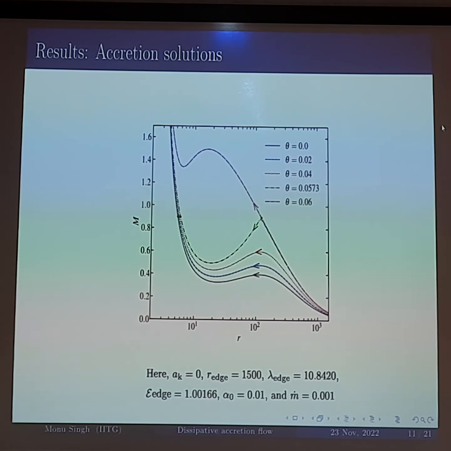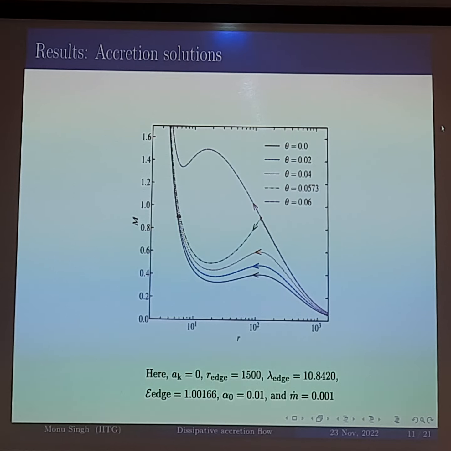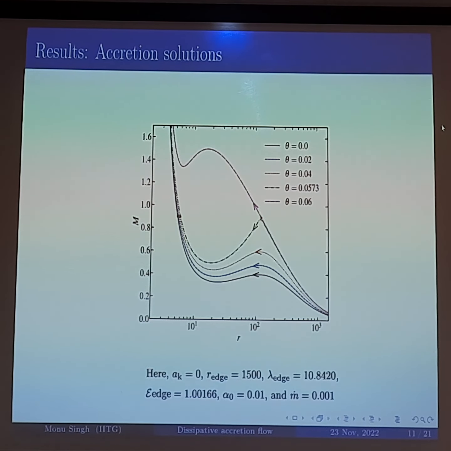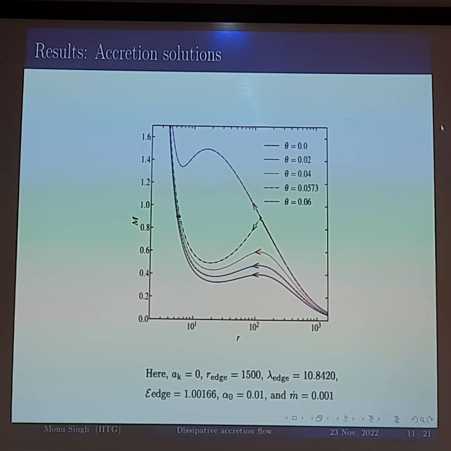In accretion flow, as explained earlier, the dynamics has to be transonic, because here the flow is subsonic and here it has to be supersonic. So it might have an inner critical point, or two inner critical points, by which the flow might pass supersonically, and this may be dictated by the viscosity.